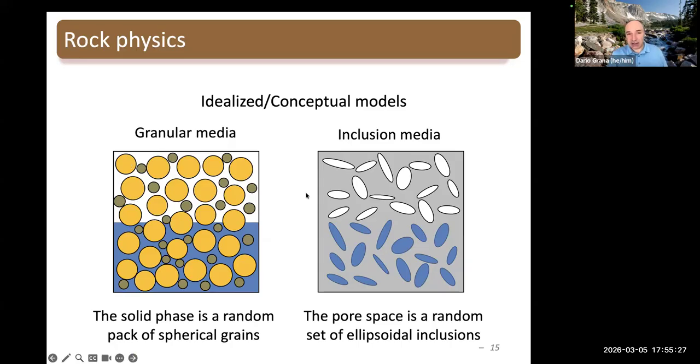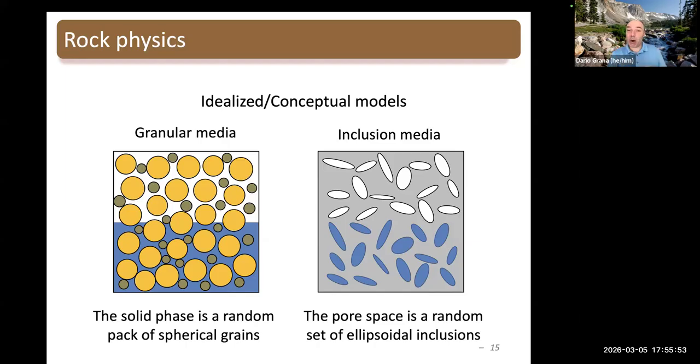The other option is instead of modeling the grains or the solid phase, we model the pore space directly. If you think about rocks like limestone, rocks that are really stiff, for example, we don't have a grain structure. We have a coherent solid phase, and within it we have some fractures, like small fractures that are typically connected between each other.